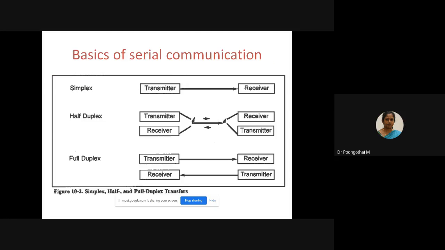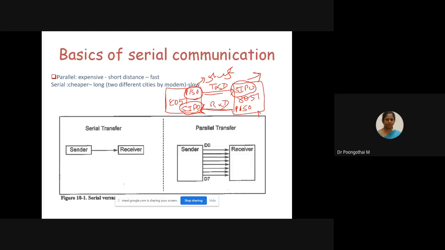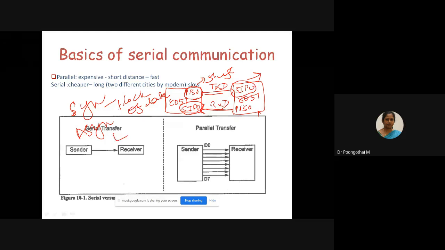Before that, we have two types of data communication: asynchronous and synchronous. So there are two types, synchronous and asynchronous. The synchronous method transfers a block of data at a time, while the asynchronous method transfers a single byte of data at a time.